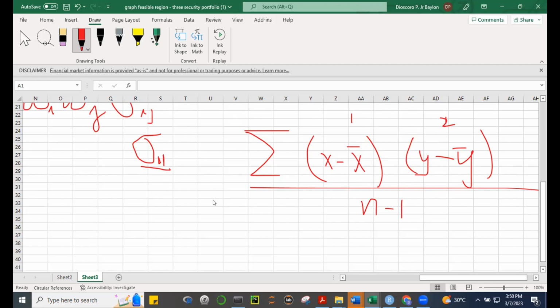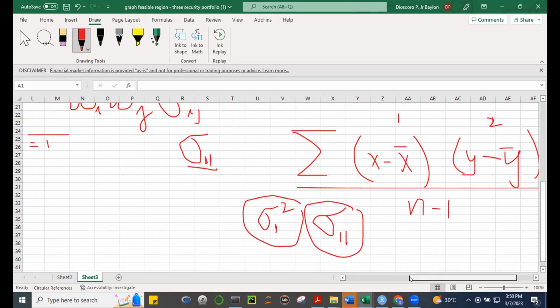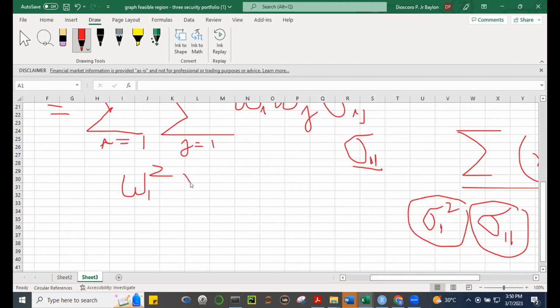That now becomes the variance of 1. So it's the same as the variance of 1, but you write only 1 here. Do not write 1, 1, because 1, 1 here will refer to covariance. Or you can write covariance of 1, 1, but no squared here. So this one is the same as this one. We can write that the covariance of 1 with itself is the variance of 1.